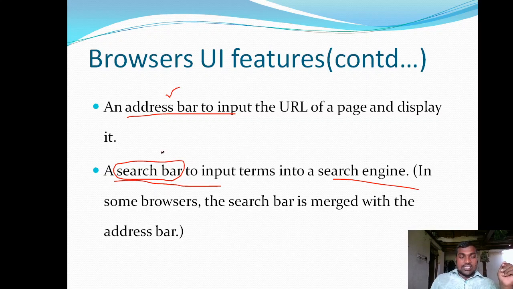Then whatever data the user inputs in this search bar can be searched in different search engines, because of their preferences for which kind of search engine they want to use.